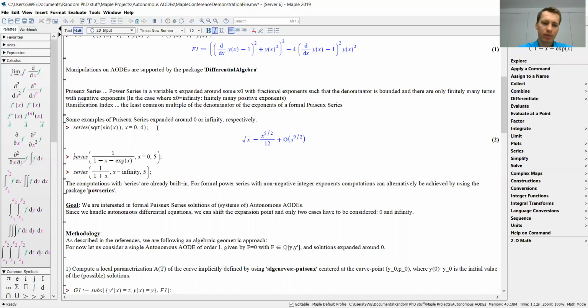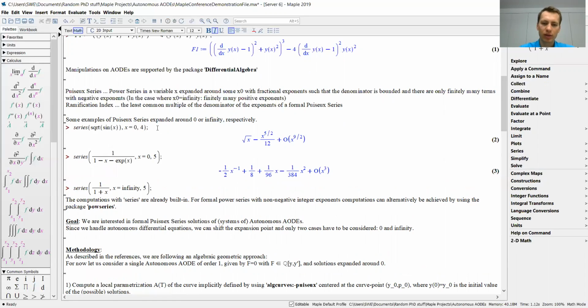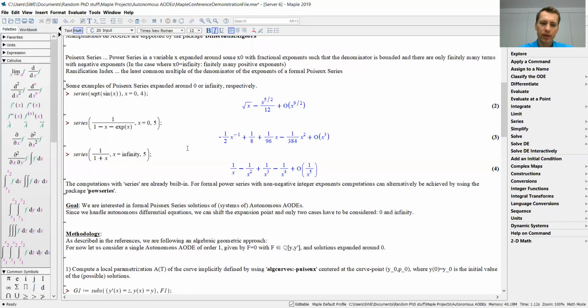In the other two examples, the ramification index is equal to 1, but here we have -1 as the lowest order term. And here is another example, which is quite famous.